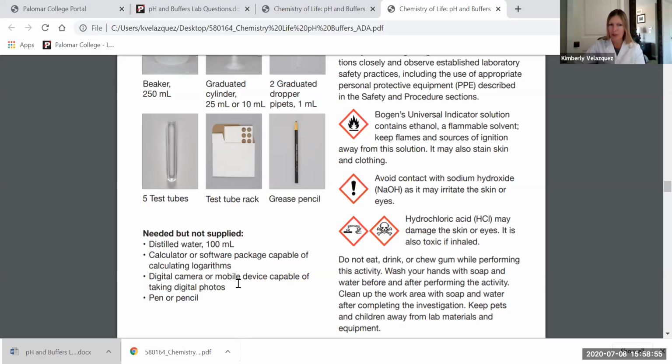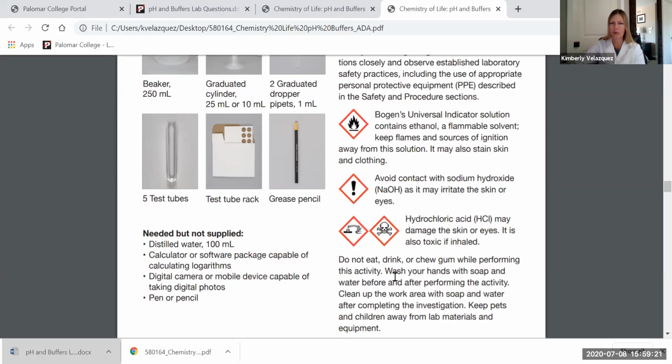You do need a camera to take pictures of your results, and obviously something to write with. The other thing you need is for activity 3, you need a drinking straw. So you can just go anywhere and get a free straw at Starbucks, at 7-Eleven, at McDonald's, wherever you can go and get a free straw. You need 1 drinking straw for activity 3.